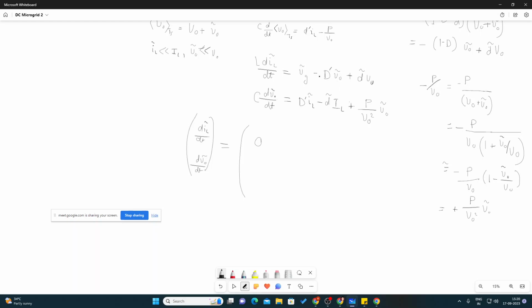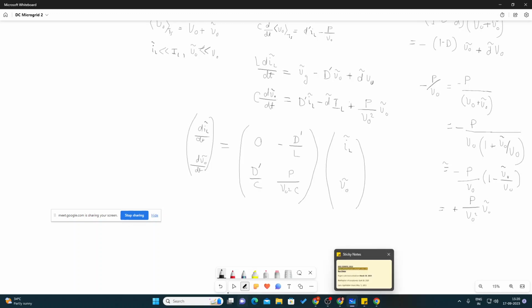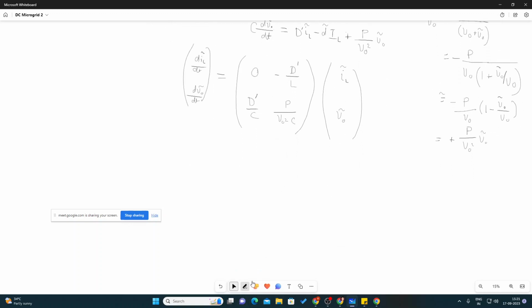For the V0 tilde term we have minus D dash by L. In the second row we have the IL tilde term, which is D dash by C, and the V0 tilde term, which is P by V0 squared C, times [IL tilde, V0 tilde]. The remaining part is the input matrix.